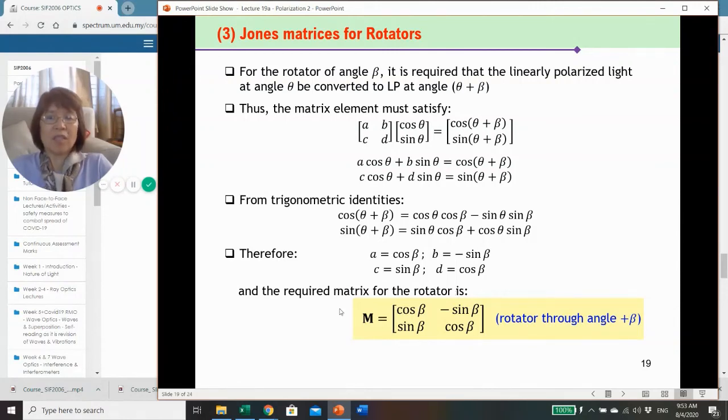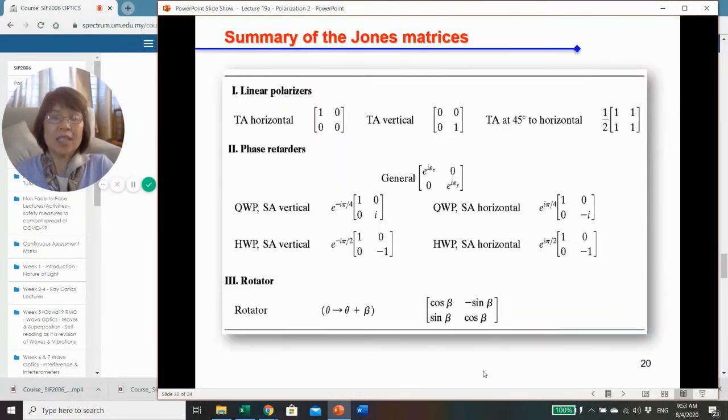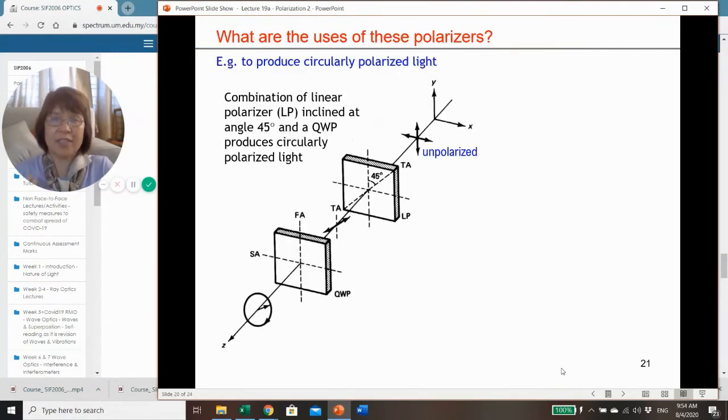Therefore, the matrix that represents the rotator that introduces a rotation of angle beta is written as cosine beta, negative sine beta for B, sine beta for C, and cos beta for element D. So this is just a summary of the Jones matrices that represent the linear polarizer, phase retarder, as well as rotator, for your easy reference.